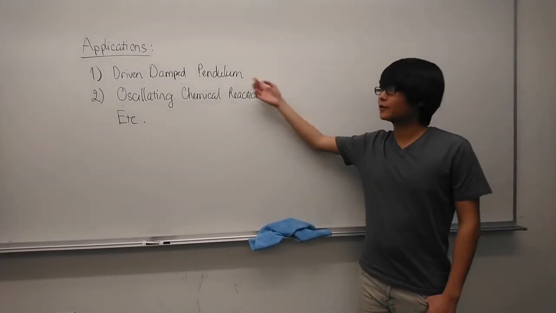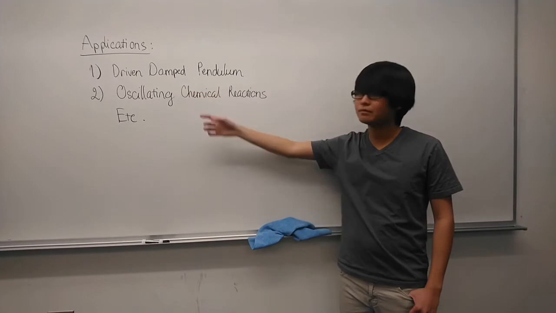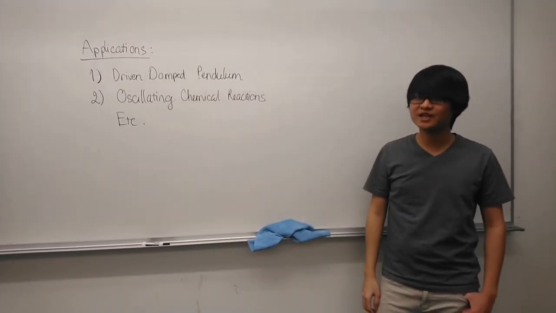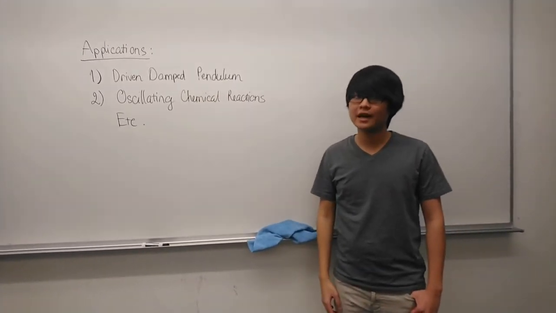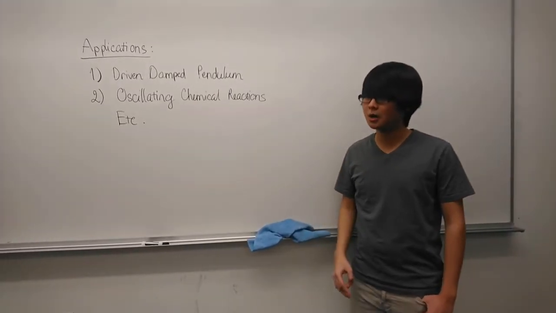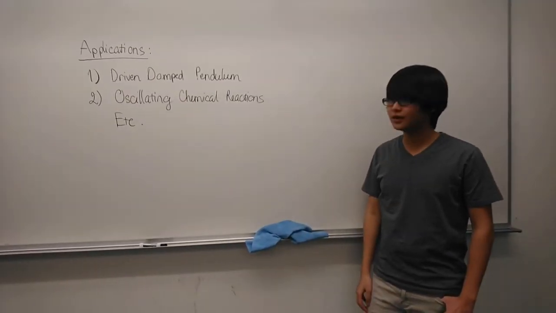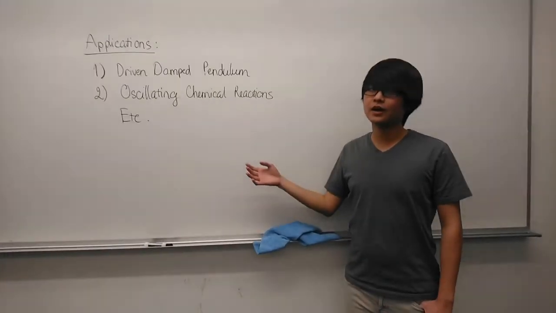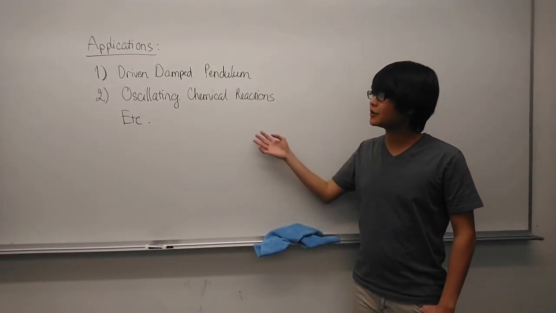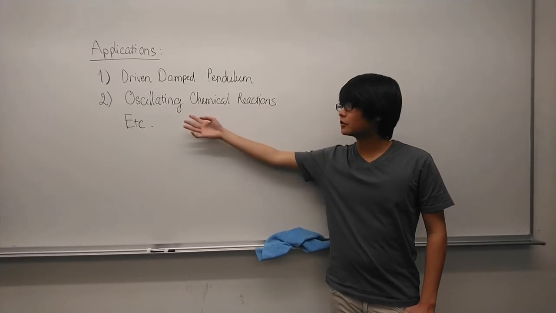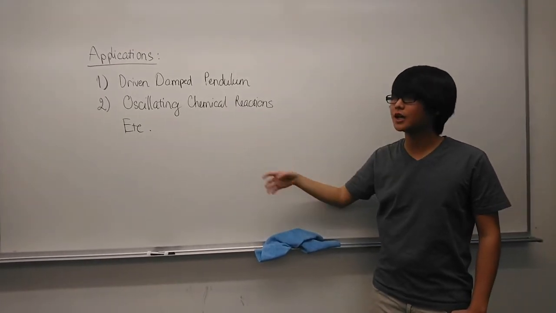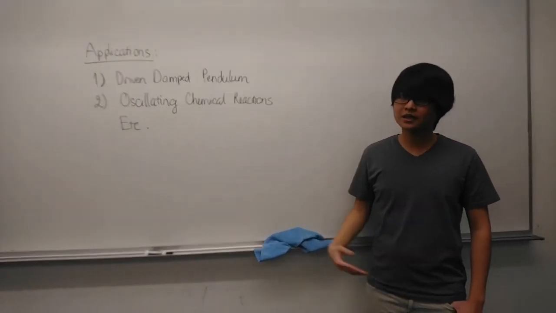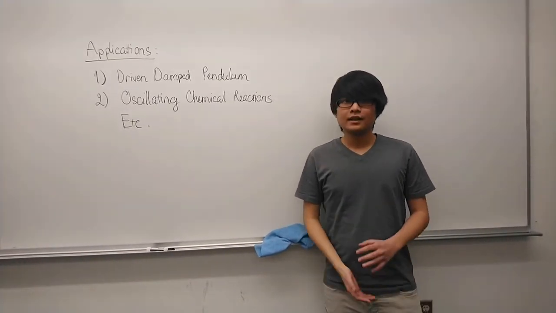One of them can be the driven damped pendulum, in which the control parameter that we can predict is the driving strength of the driving force. It can also find application in controlling oscillating chemical reactions and other oscillating systems. That is it for my video.